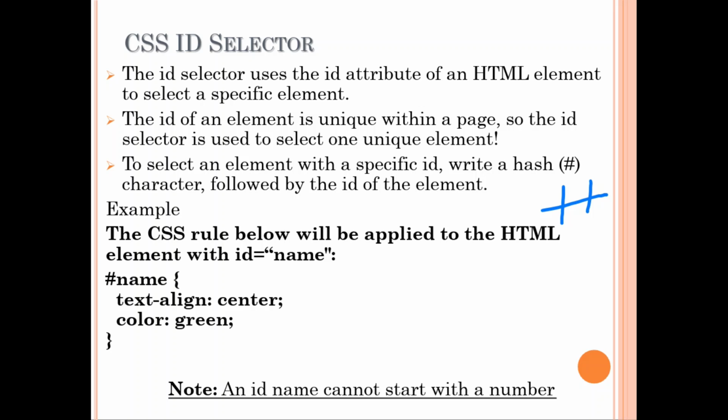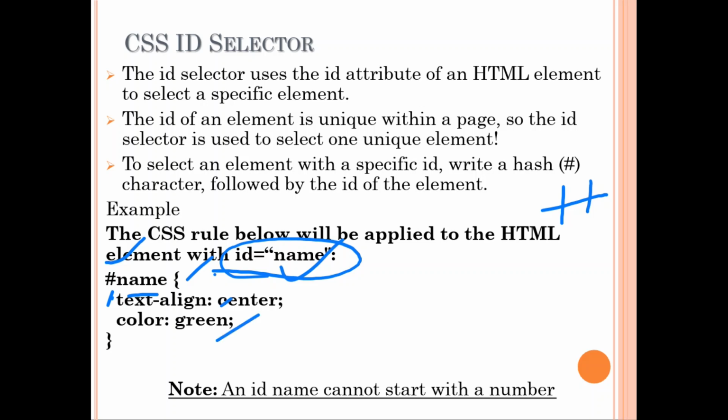Here we have an example. We are going to make a name, that is the selector. We put the hash symbol with the name, and all other processing will be the same.